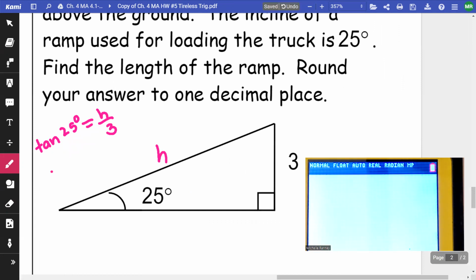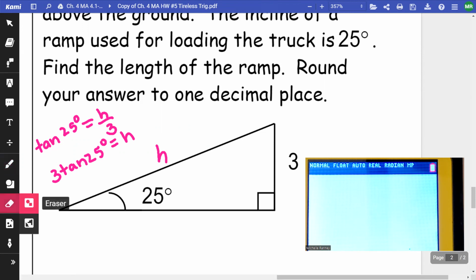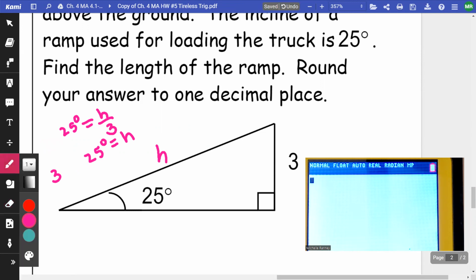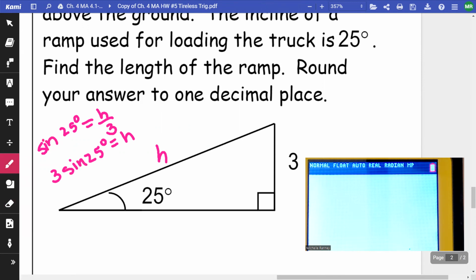So I am going to have 3 tangent of 25 degrees equals H. And tangent, I'm not using tangent, sorry. I'm using sine of 25 degrees. So this would be 3 sine of 25 degrees.